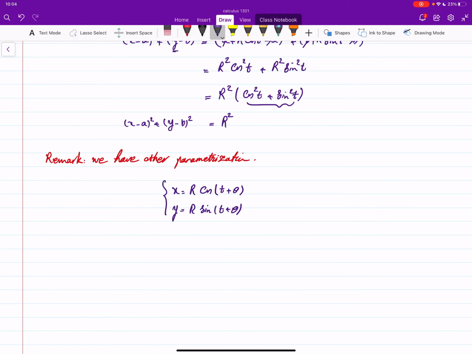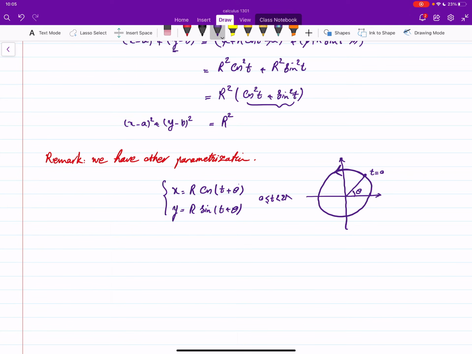In this case, the parametrization is, again, t goes between 0 and 2 pi, and this parametrization will work, and this theta is constant there, but the difference is that this time it will start from the theta. This will be for t equal to 0 and move counterclockwise.